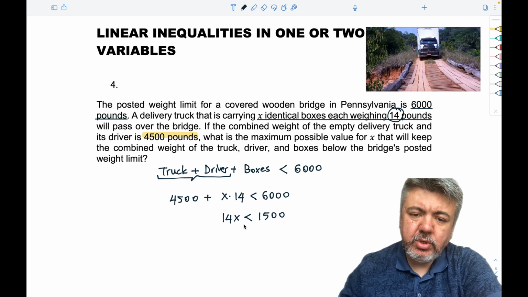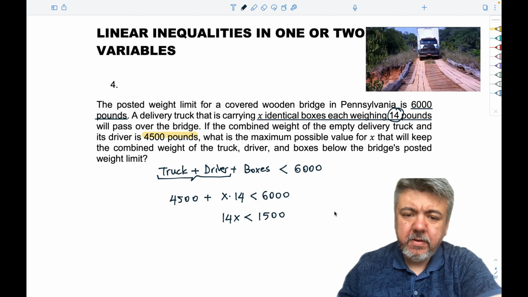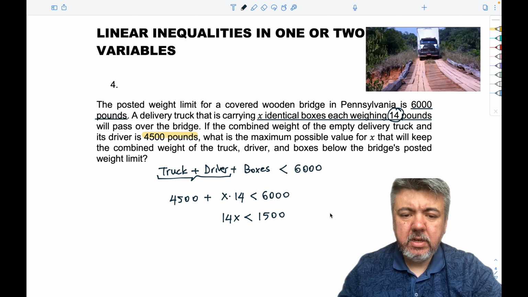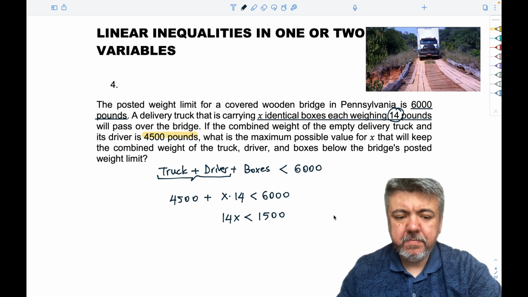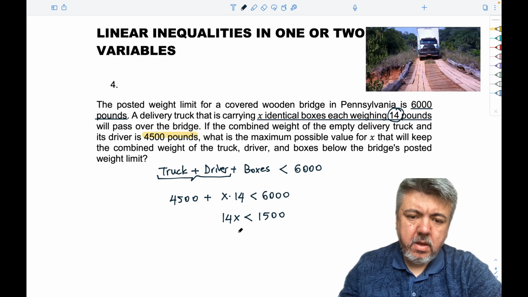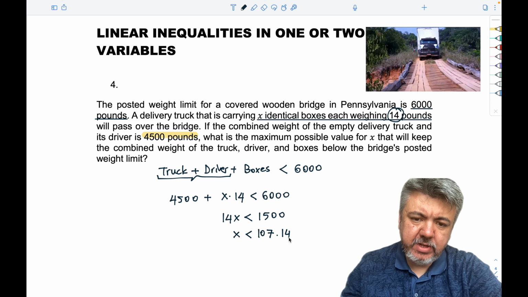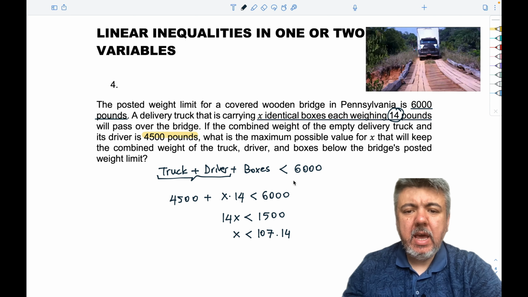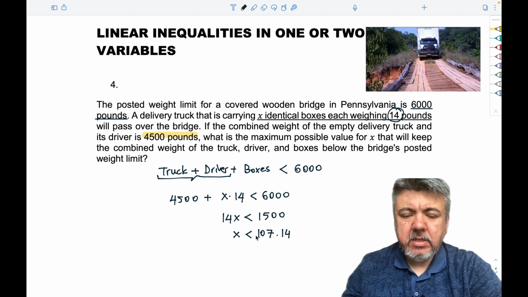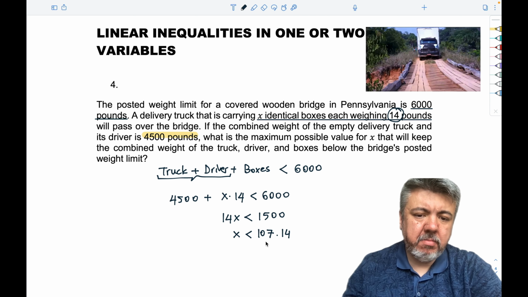Okay, so we will divide 1,500 by 14. When you divide it, x is less than 107.14 or something like that. Since x is the number of boxes, it cannot be a decimal number.